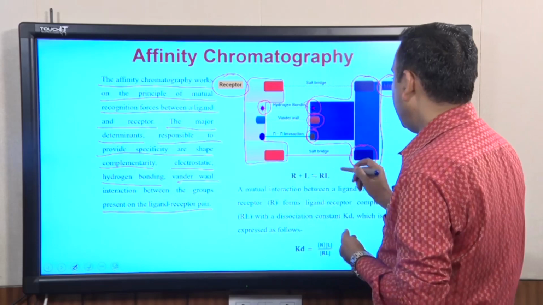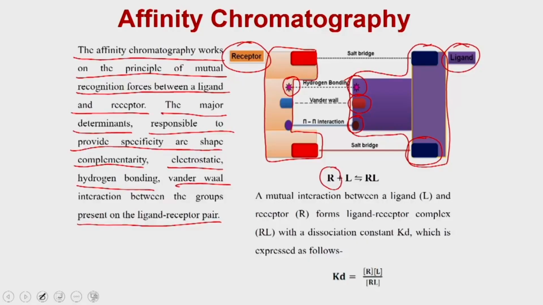So, a receptor makes an interaction with the ligand to form a receptor-ligand complex, and this complex can be dissociated to give you the receptor as well as the ligand.